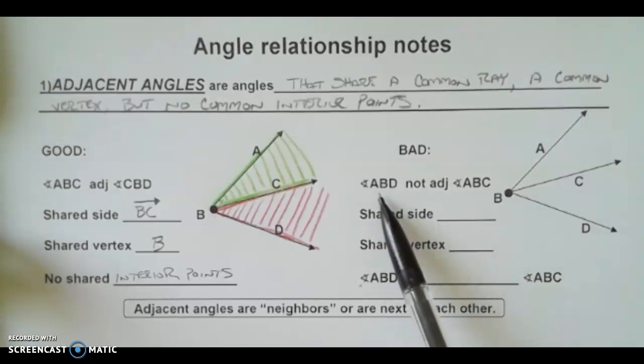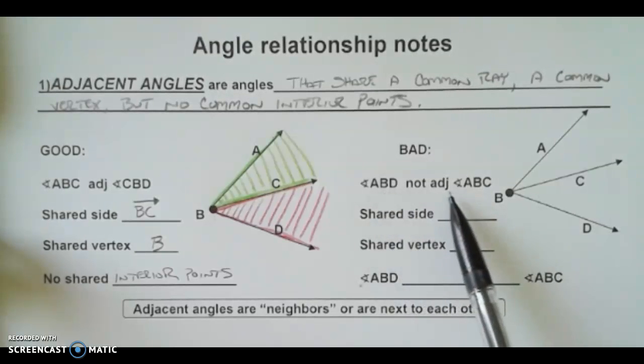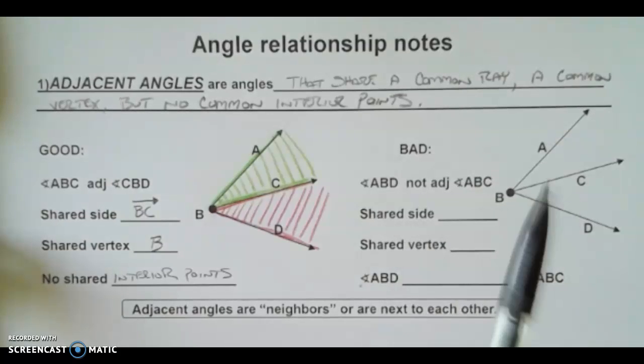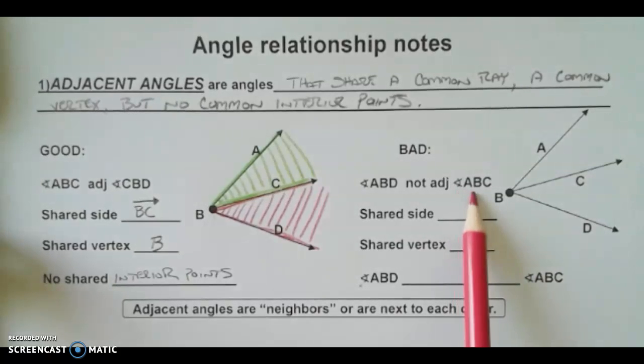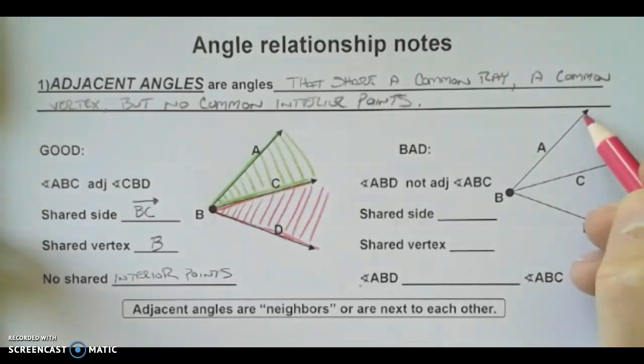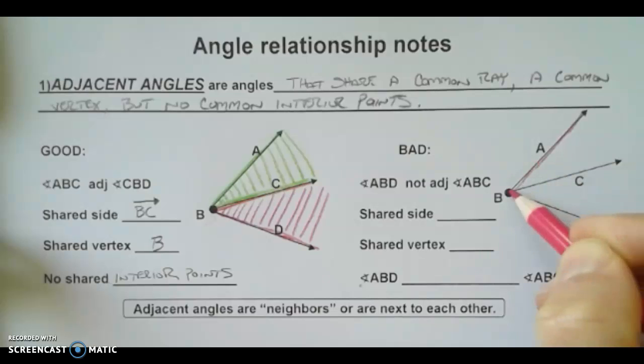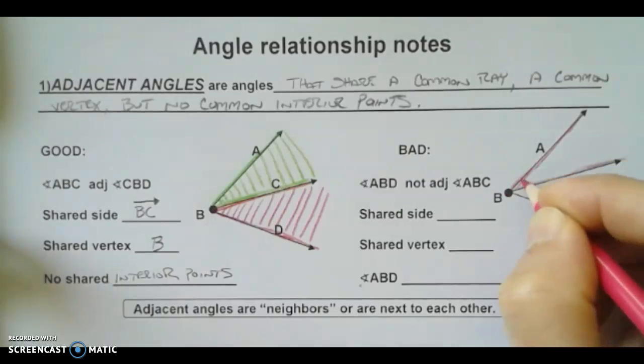So again, we're going to look at angle ABD, and then we're going to look at angle ABC. And again, we're going to go through our three parts here and make sure that they have a shared side and shared vertex, but no shared interior points. So let's start this time with angle ABC. Angle ABC is this angle right here. I'm going to trace it in red this time. And again, shade the interior.